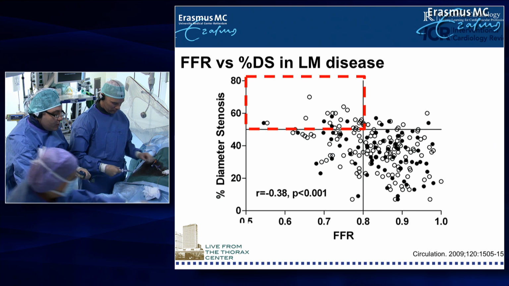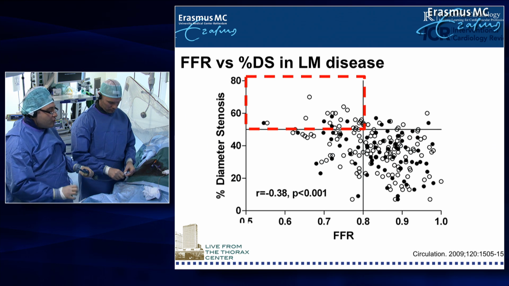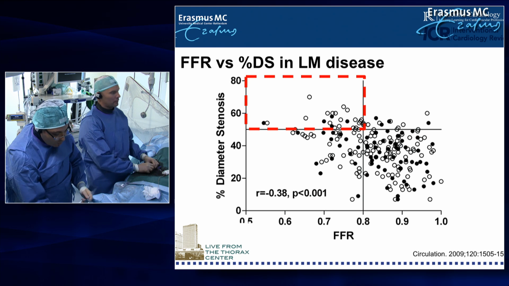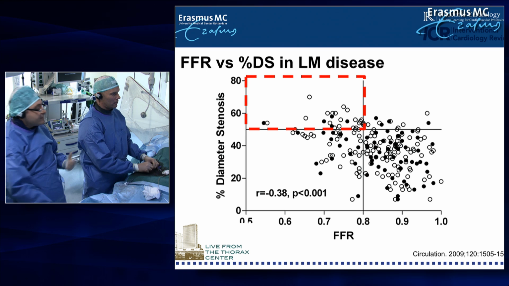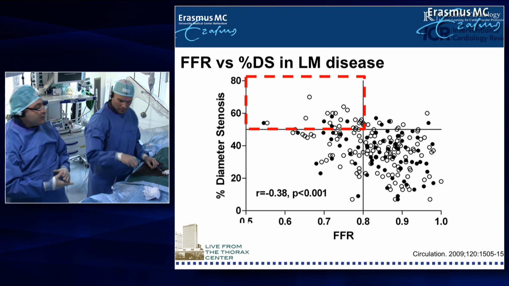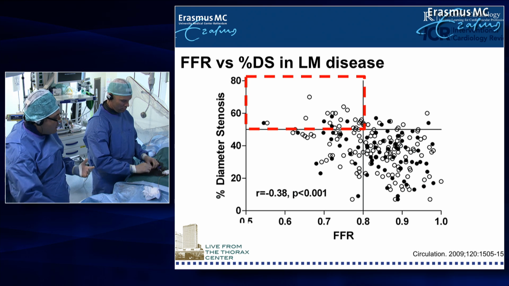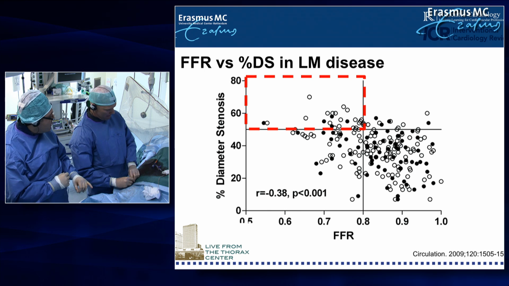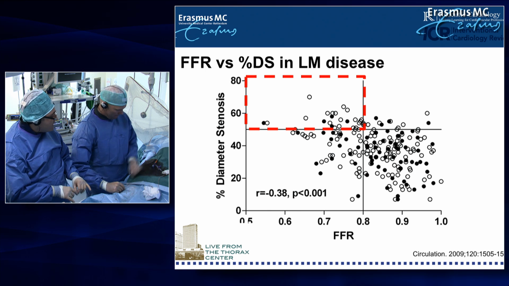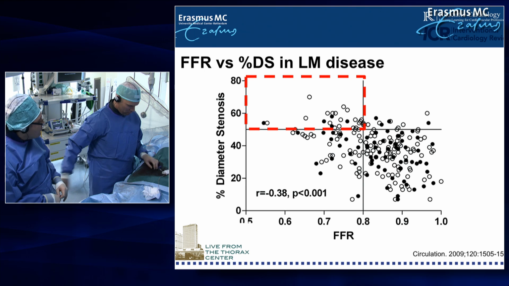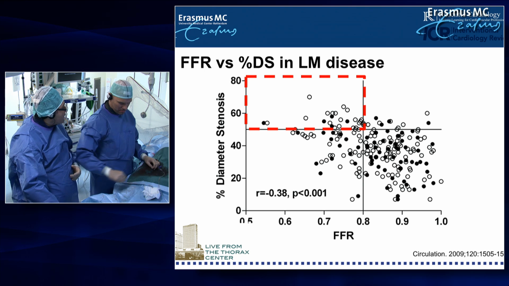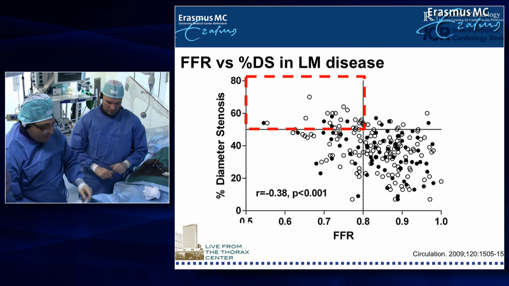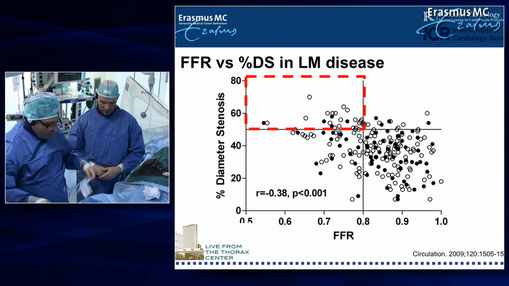We should also take into consideration that, to really have a good understanding of the advantage of FFR in side branch stenting, we will need a very big trial, with a large number of patients to detect a difference in this specific setting. In the case that we have today, the story is completely different, I think. What do you think? We are not talking about a diagonal branch, but a bifurcation in the left main.